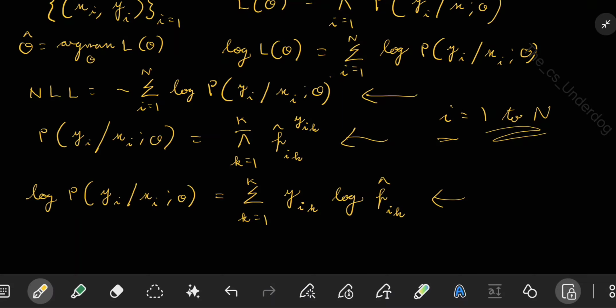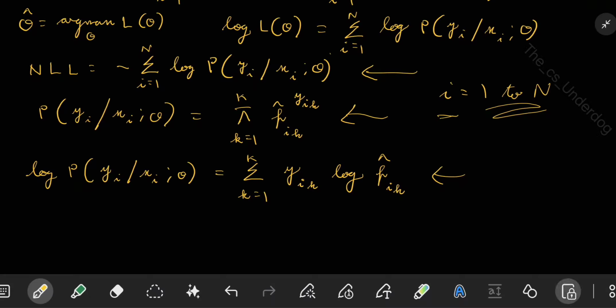So now your negative log likelihood can be written as the loss. Whatever we wrote here as negative log likelihood can be rewritten as minus sigma i equal to 1 to n. Keep an eye here: I'm just copying, but each term I'm writing with the right terms in front. So i equal to 1 to n will stay as it is.